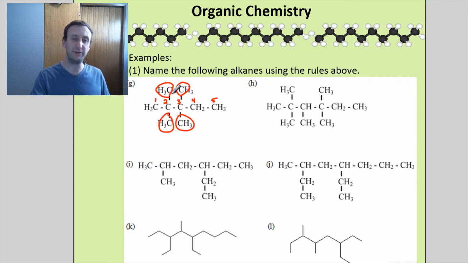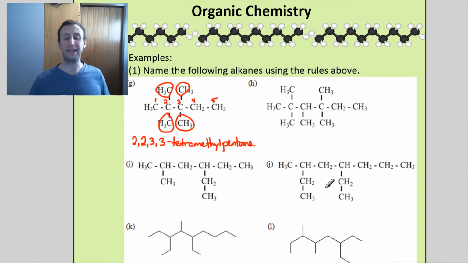All of these branches are 1 carbon long, so they're methyls. So I'd end up with 2, 2, 3, 3. And yes, I have to do these in numerical order from lowest to highest. Tetramethyl pentane.